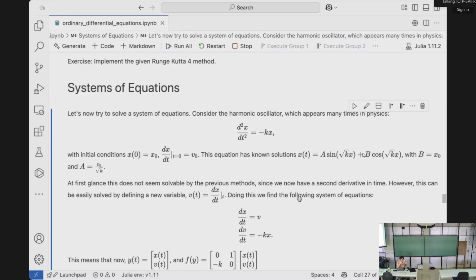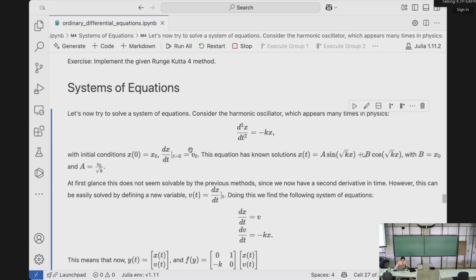So the harmonic oscillator appears a lot in physics. This equation is what governs, for example, the movement of a spring or maybe a pendulum and the oscillations. And physicists love to use the harmonic oscillator, sometimes where it doesn't belong, but the thing is, it's a very easy equation to solve, right?